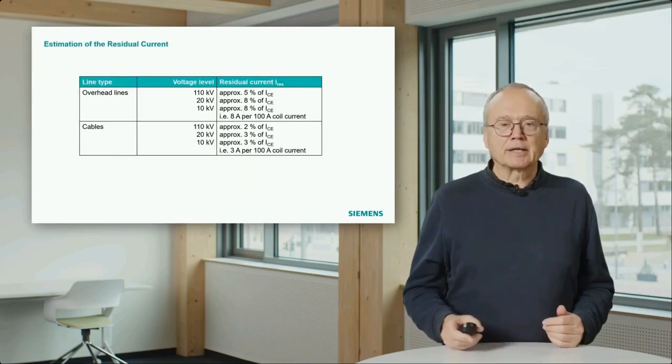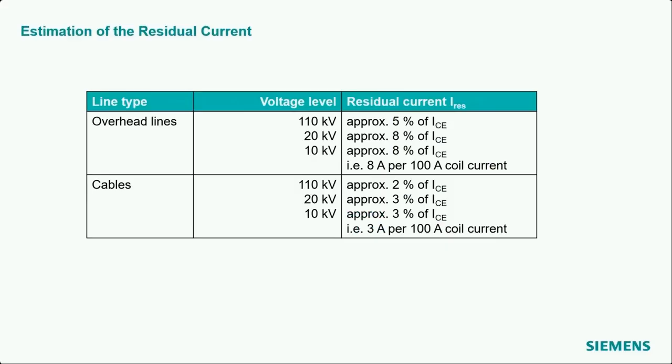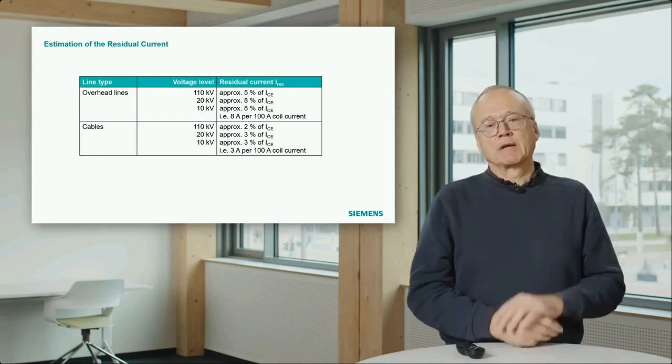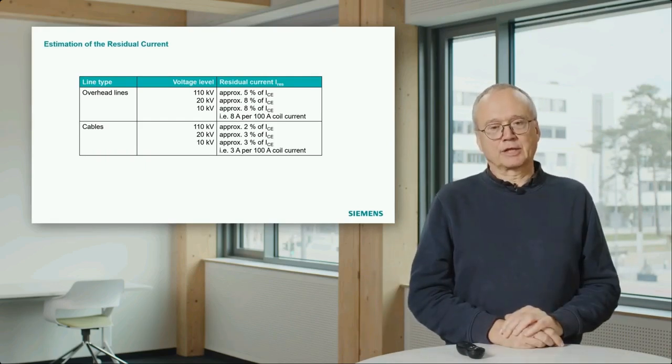And in practical applications, you can say in overhead lines we can reduce the earth fault current down to something like 5 to 8% of the capacitive current. And that means, of course, a lot. That means you can make the systems much higher, much bigger, and you still are below the self-extinguishing limit.